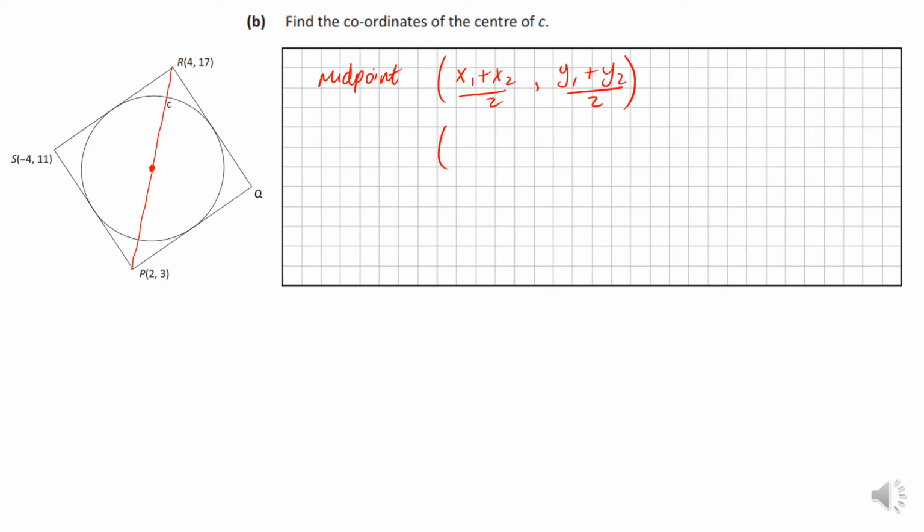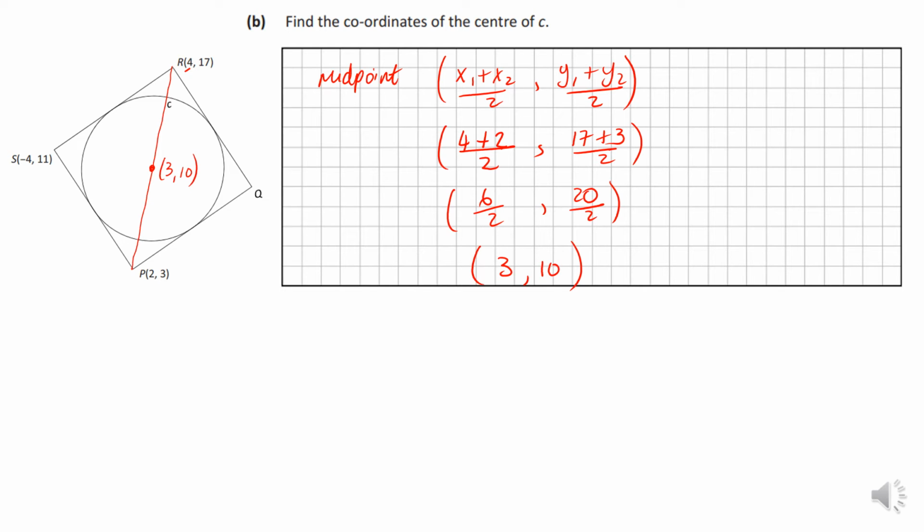So we have from R the x value is 4, and from P x value is 2 over 2, and the y values will be 17 plus 3 over 2, adding the top lines 6 over 2 and 20 over 2, and finally let's divide by 2 in each case, so we get 3, 10. So the coordinates of the center of that circle are 3, 10.